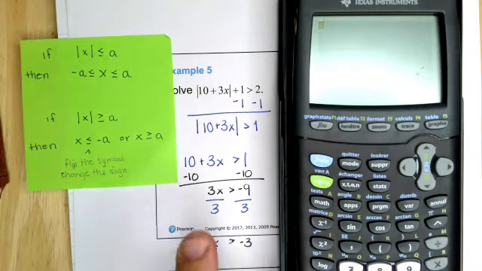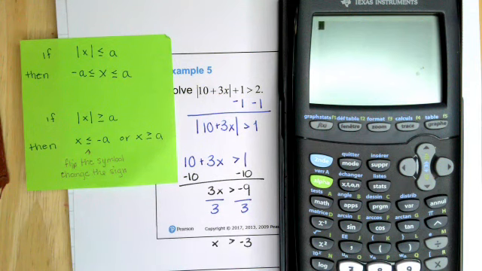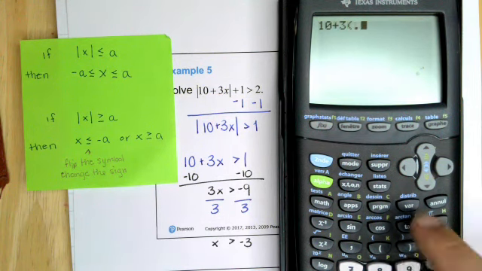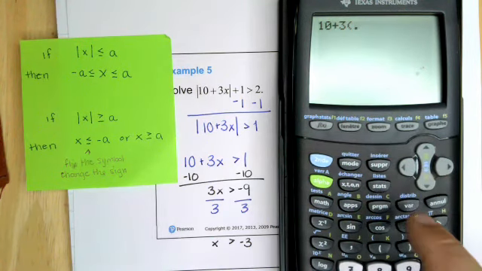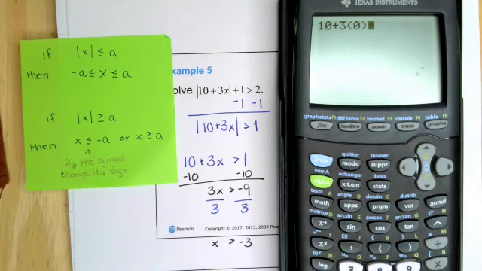X is greater than -3 here. What's a number greater than -3? 0. 10 plus 3 times 0 is 10. Absolute value of 10 is 10 plus 1. 11 is greater than 2. So that one's okay.